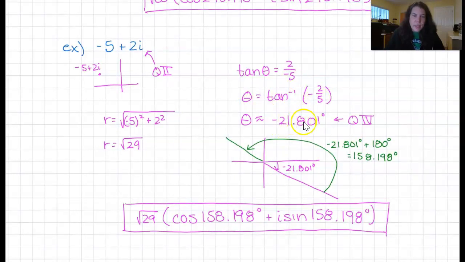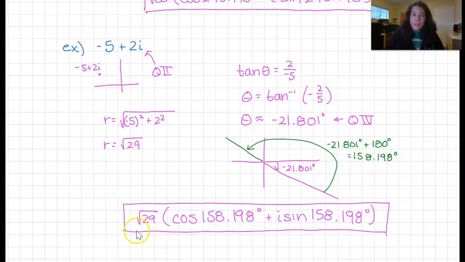On the calculator, you're going to get this. And again, it has to do with the range for tan inverse. It's always going to give you answers in quadrants 1 or 4, not quadrant 2, which is what we want for this answer. So this answer is actually down here in quadrant 4. You have to add pi, or add 180 degrees to get it into quadrant 2. So that's the only trick. Otherwise, it's pretty straightforward. And so there's your answer right there.